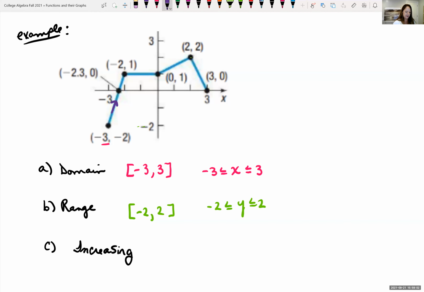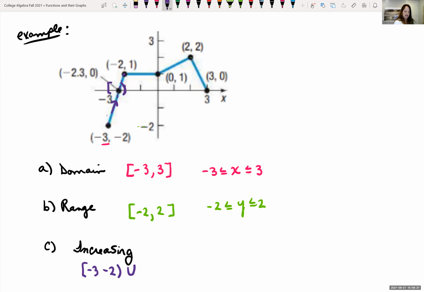So we want to look at the x value where it's starting, and that x value is -3. Notice that once I get to x equals -2, I've stopped going up. I'm going to put a bracket at this -3 just because it's a point and we're starting there. But when I get to -2, it becomes constant, and so we're just going to put a parentheses there.